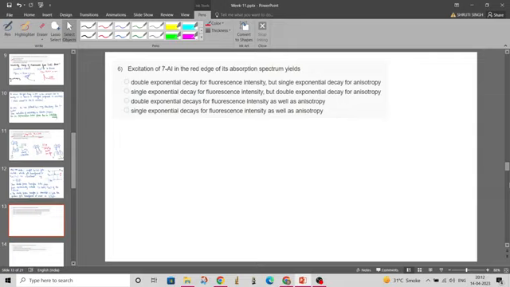So when we excite it at the red edge, it will just get excited to the S1 state.